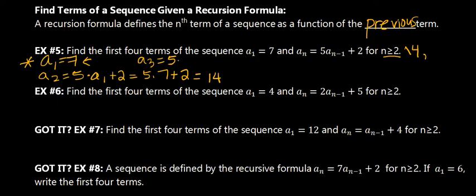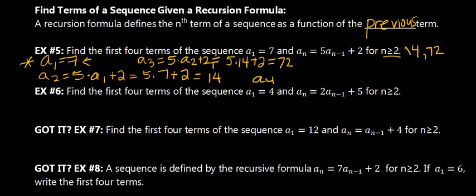So a sub 3 is 5 times a sub 2 plus 2, and we just calculated that out. So 5 times 14 plus 2 is 72. This is getting big quite fast, so our next term is 72.